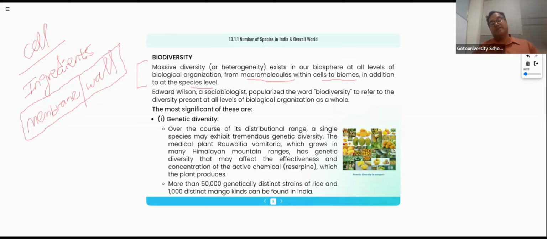For example, my name is red blood cell, my name is RBC. If I need to sustain in the blood, I need to have this specific coat. But that is not the case with the skin cell. The skin cell has different ingredients in the membrane, whereas the red blood cell has different ingredients in its membrane, and that is not the case with all the cells, right? So this is one piece of information.